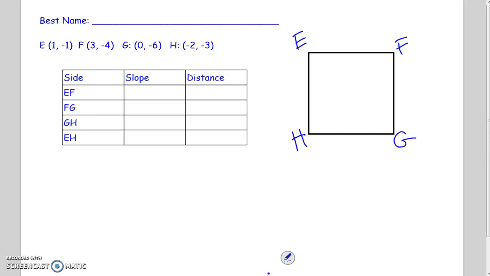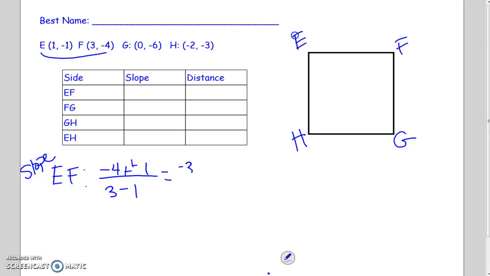So I'm going to do EF first. If I find slope of EF, I take my ordered pairs, -4 minus -1 over 3 minus 1. I get -3 over 2, so the slope of this is -3 over 2.